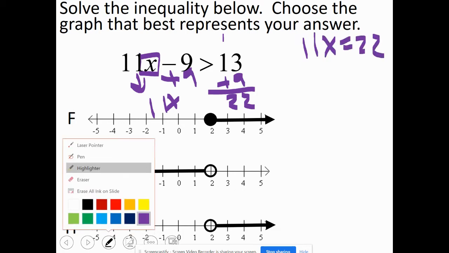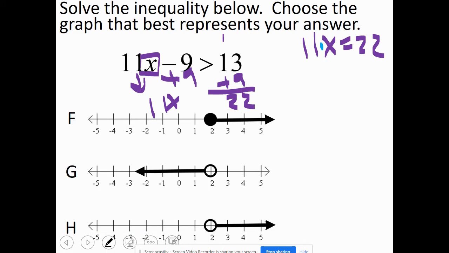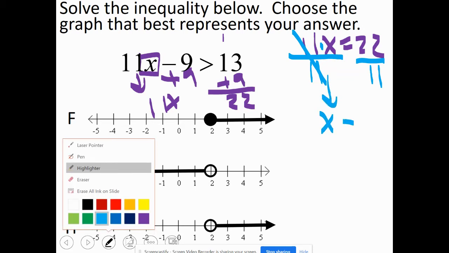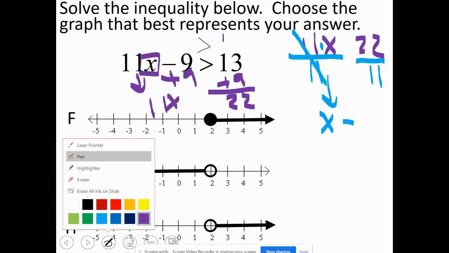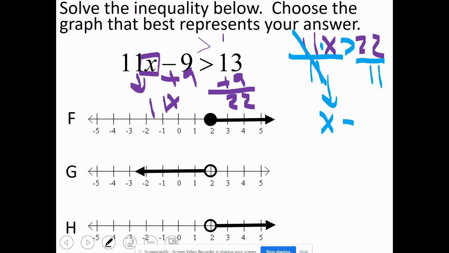So now we have to do the inverse operation of this multiplication that's happening between 11 and the x, and we have to divide. So we're going to divide by 11 on both sides, and when we do that, the x drops down again, and we have x, I wrote equal to, let me change that. Again, we're going to copy down the inequality, so it's facing this way, so that's the way I'm going to keep it for now, unless I'm dividing or multiplying by a negative, which I'm not.